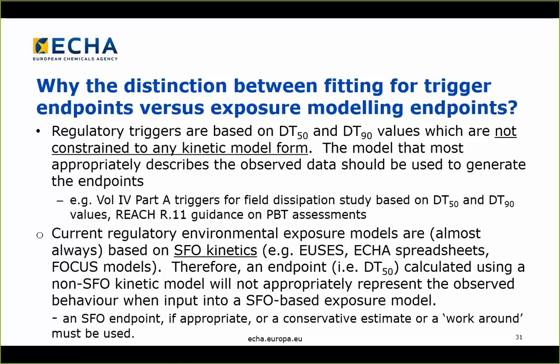That's why it has a DT90 trigger in there, okay? If you look at REACH R11, guidance for PBT assessments, again, REACH guidance talks about what you would do when you have to consider non-single first order or biphasic models. So again, those trigger assessments are not constrained to any kinetic model.